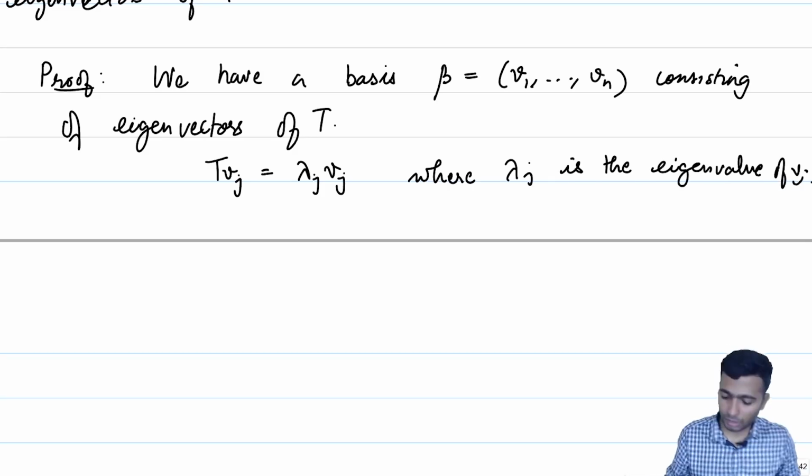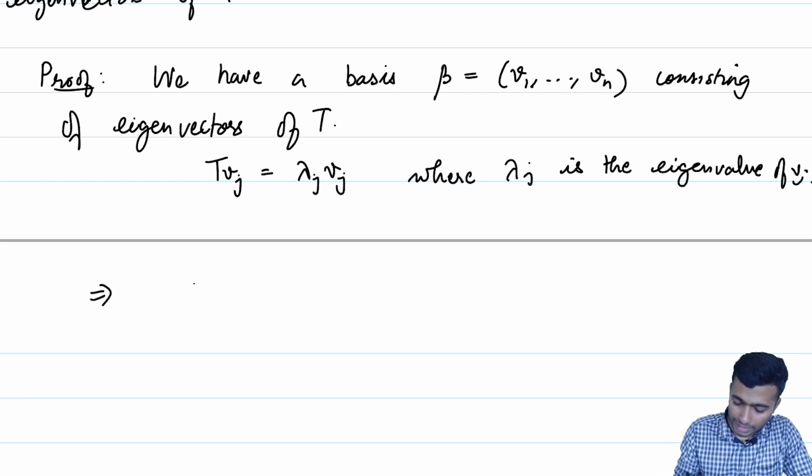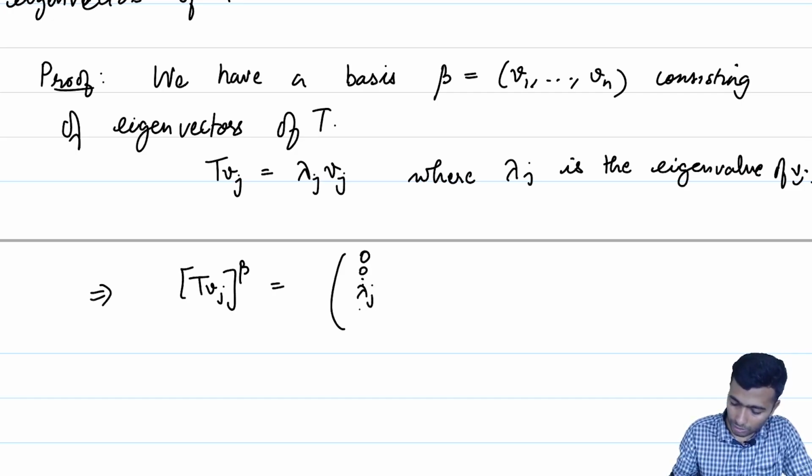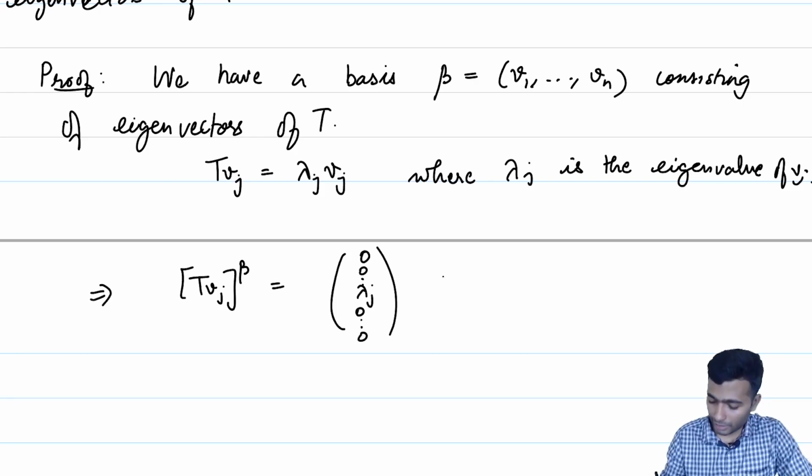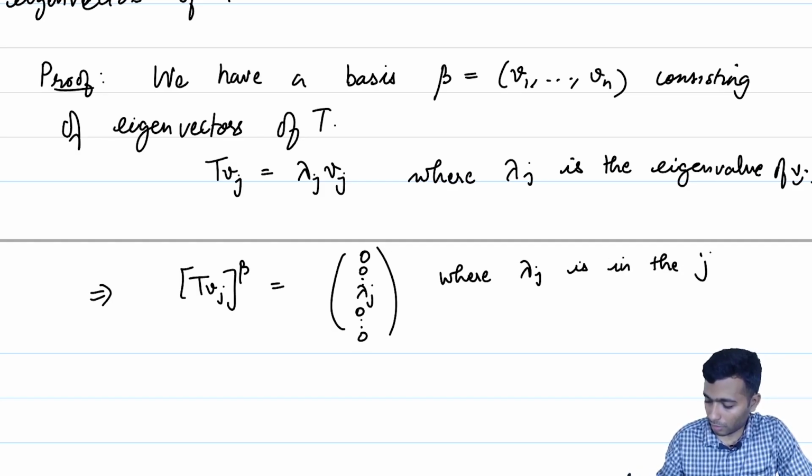Remember that each of the Vj's are eigenvectors of T. So, what does that mean? This implies that the coordinate vector of T Vj with respect to beta is just equal to 0, 0, there is a lambda j in the jth column, 0 dot dot dot 0, where lambda j is in the jth row.